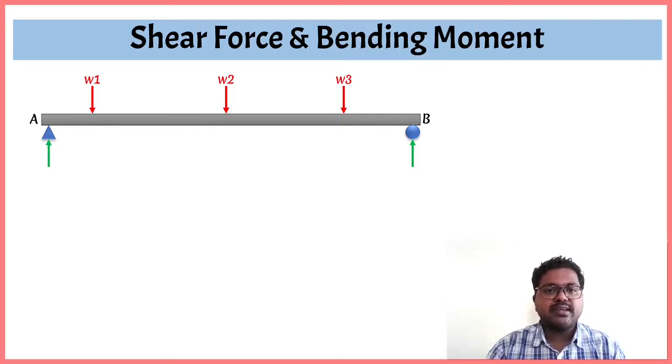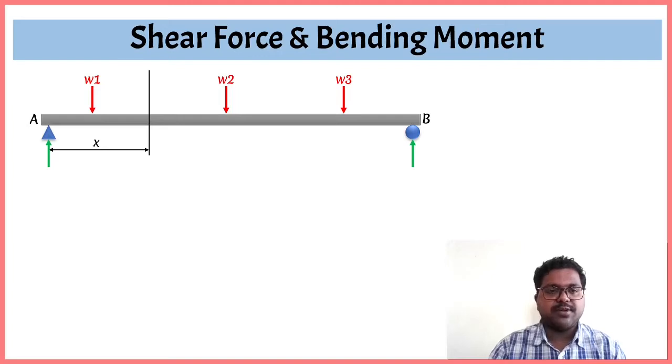So the body is in equilibrium condition. Whereas with the application of these external loads, internal stresses and strains are produced in the beam. To find these internal stresses and strains produced in the beam, I am considering a cross section which is at a distance of x from the support A.